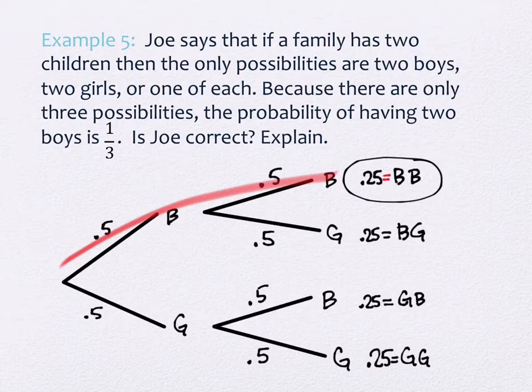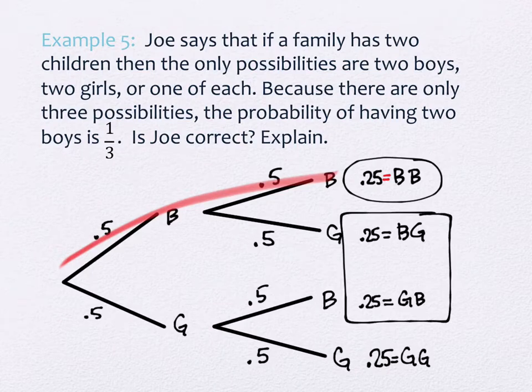And the reason that happens is because there are 2 distinctly different ways I could have ended up with a boy and a girl combination of children, right? So if you want to know the probability of having a boy and a girl, it's not 1 out of 3. What happens when I add 0.25 and 0.25 together? Yeah, it's 0.5.